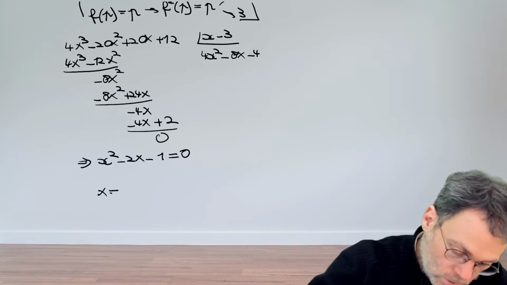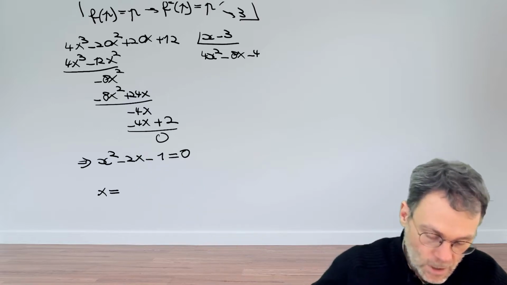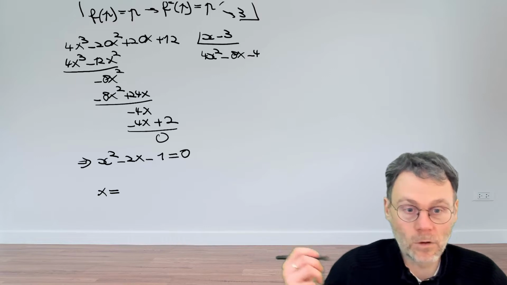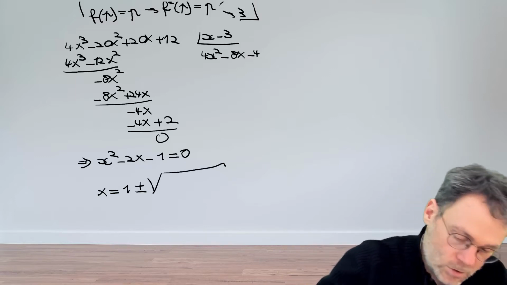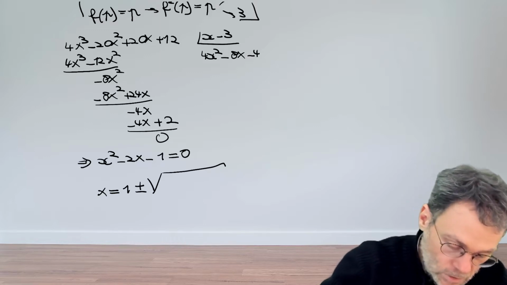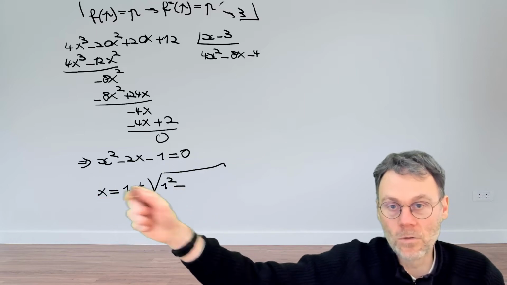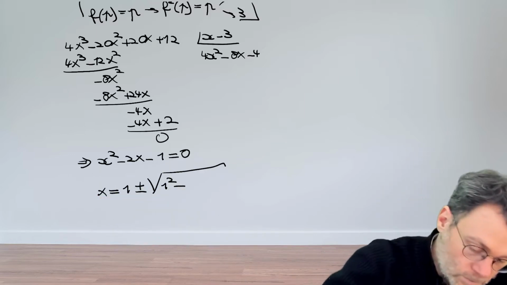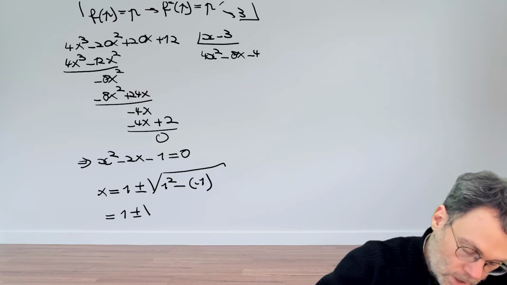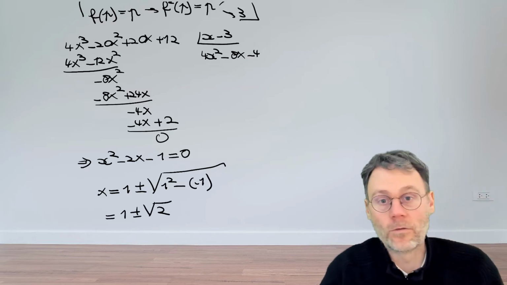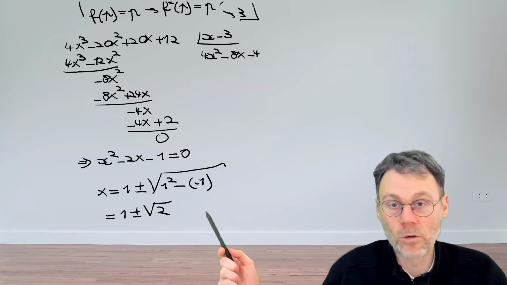You can also use the simplified formula in case the coefficient b is even. So we have minus half of the coefficient b, plus or minus the square root of that same half coefficient b squared, minus the product of the other two coefficients. That's going to give us minus 1. And that is 1 plus or minus the square root of 2. And these will be the period 2 points of our map.